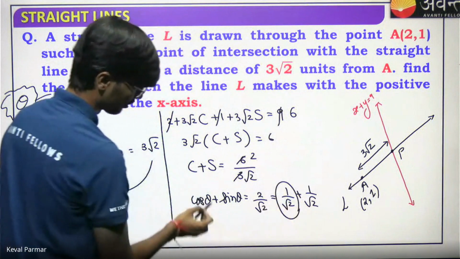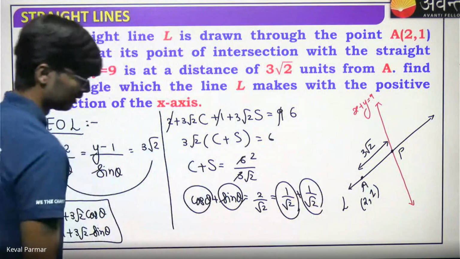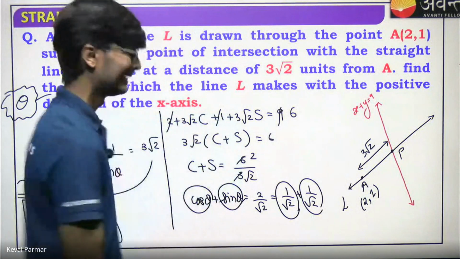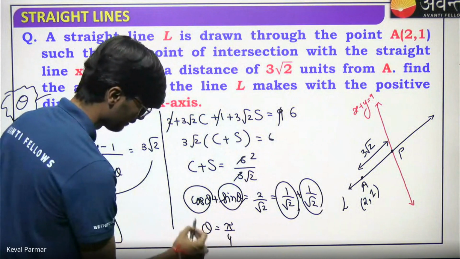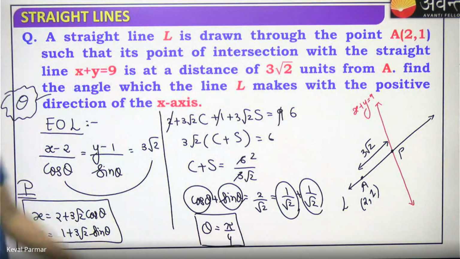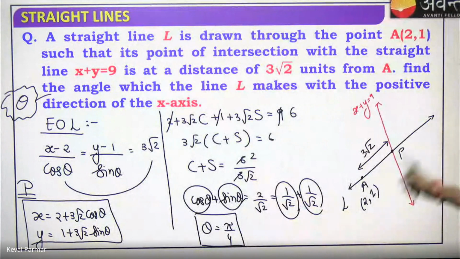Now see, cos theta is 1 upon root 2, sin theta is 1 upon root 2. And if cos theta and sin theta both are 1 upon root 2, that means theta is pi by 4, that is 45 degrees. That means the inclination of the required line L, the black one, is 45 degrees.